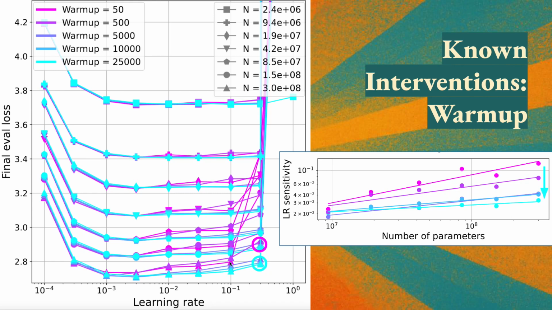And if we look at this bright pink line here, we can see that that explodes at the same learning rate that we still have some stability. So we can see that as the number of parameters increases, we can train for larger learning rates and we can train for a wider range of learning rates and still get optimal loss. So known intervention, longer warm-up.